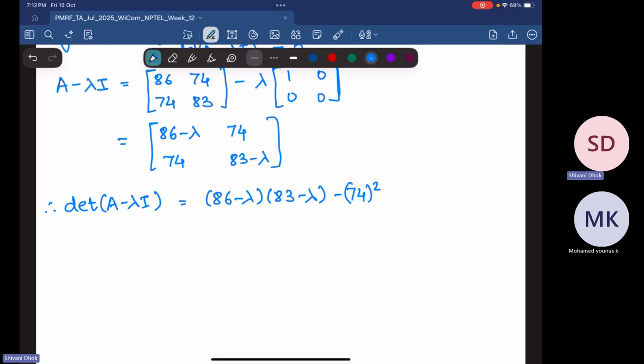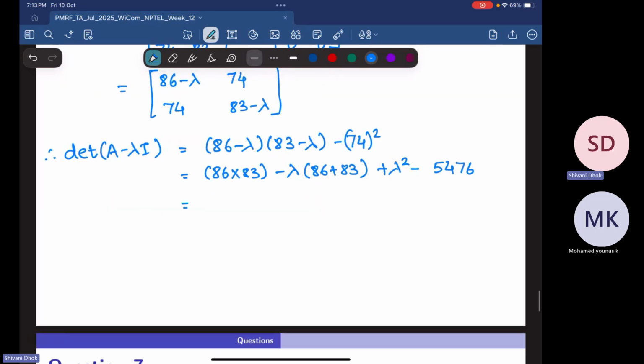So this comes out to be equal to 86 into 83 minus lambda times 86 plus 83 plus lambda square minus 5476, and if you simplify, this comes out to be lambda square minus 169 lambda plus 1662.